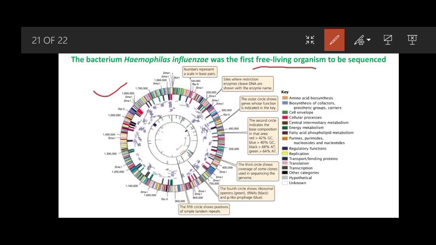It also indicates several different genes which are involved in amino acid biosynthesis, biosynthesis of cofactors, and similarly cell envelope genes and many other different genes encoding different structural and functional proteins and enzymes, and still there are several unknown genes which are indicated by white color in this figure.